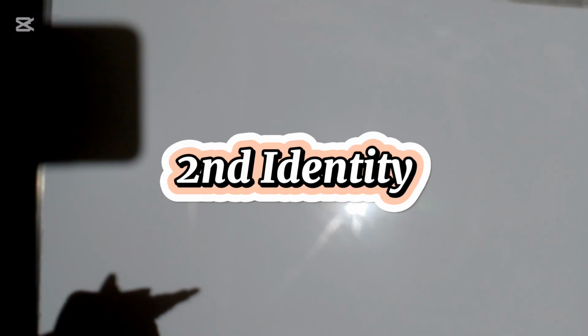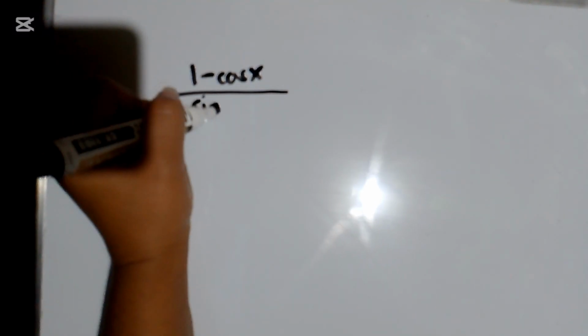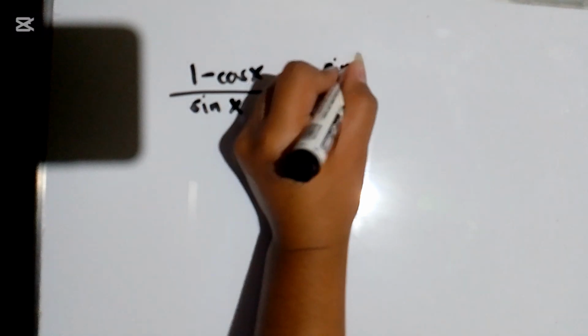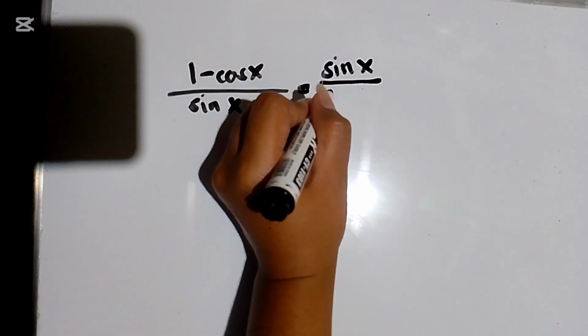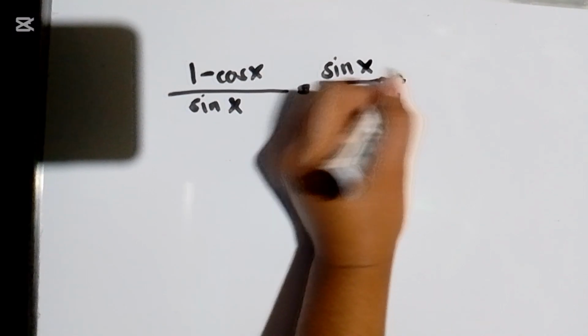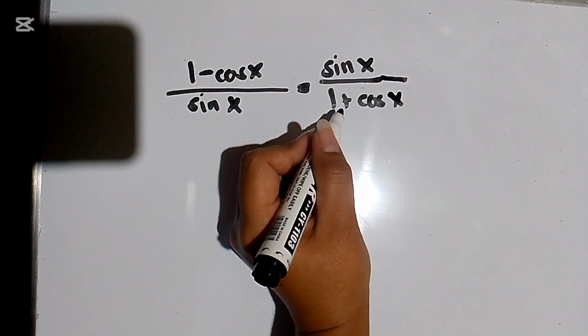The second identity that we're going to prove is (1 - cos x) / sin x = sin x / (1 + cos x). In this identity, we're going to solve the right side.